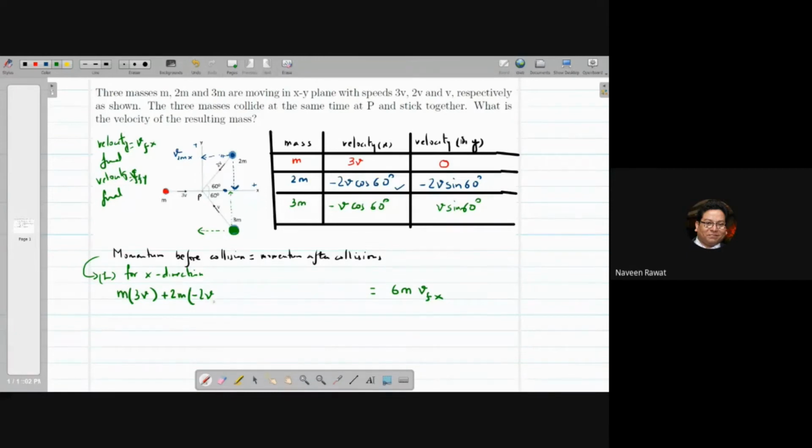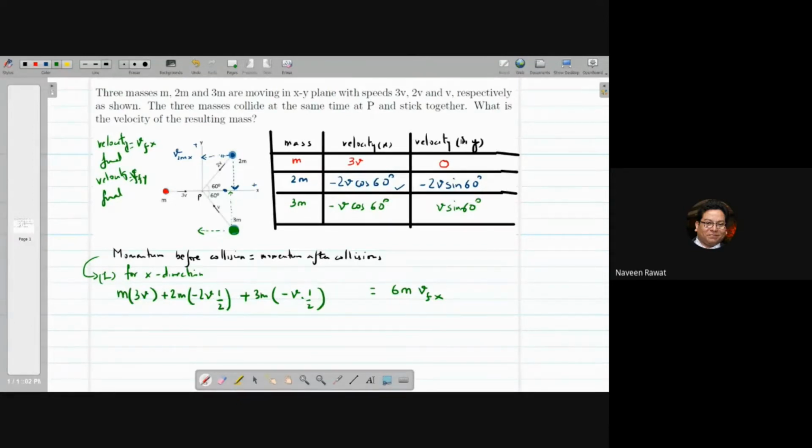So this value is 1/2. The last term is 3m times the velocity in the x direction, which is minus v, again cosine is 1/2. That is your term for the third mass. So that is your total momentum before collision in the x direction.